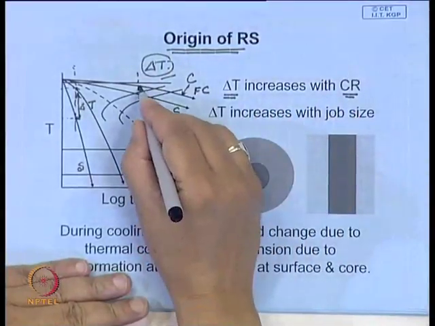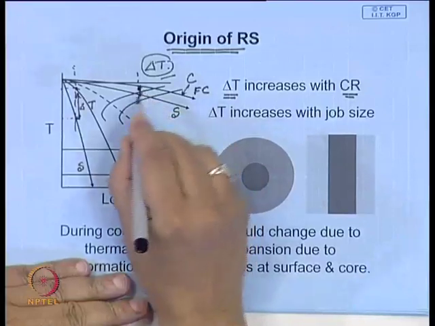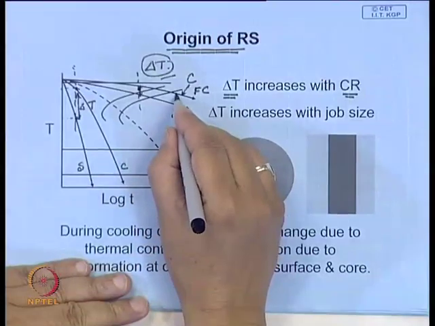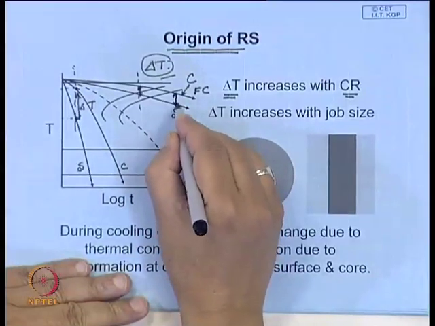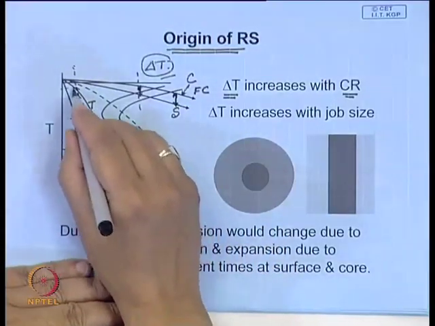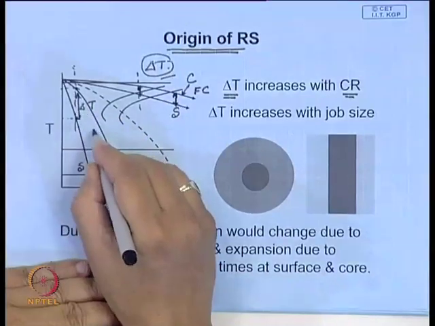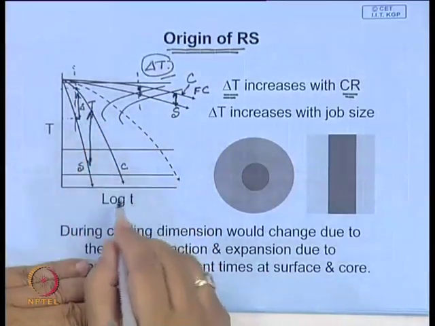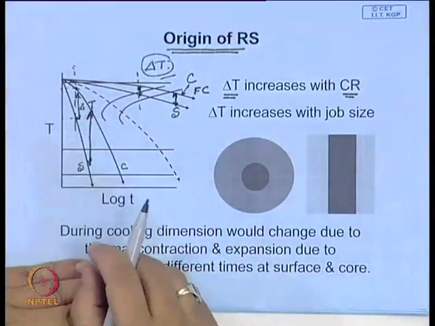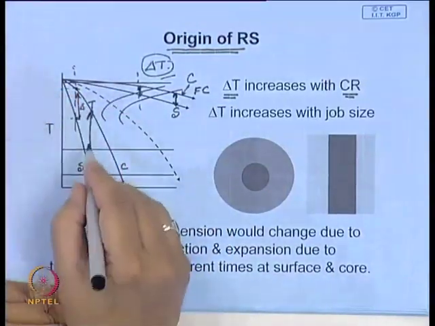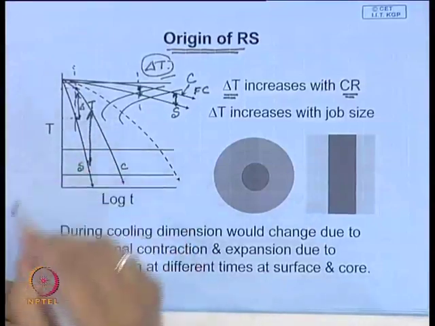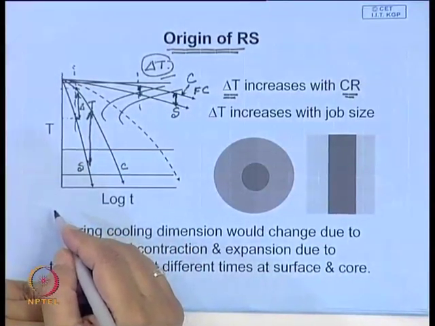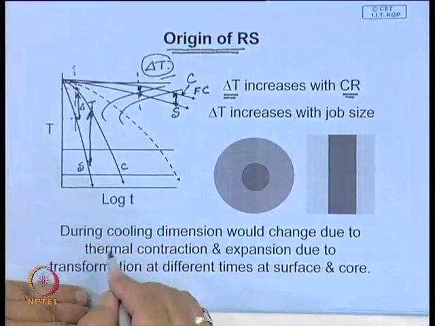Look at here, this is the temperature difference at any instant between the core and the surface, whereas here you see this is the temperature difference which is much larger and it increases. So, this job will be much more susceptible to residual stress as well as distortion.